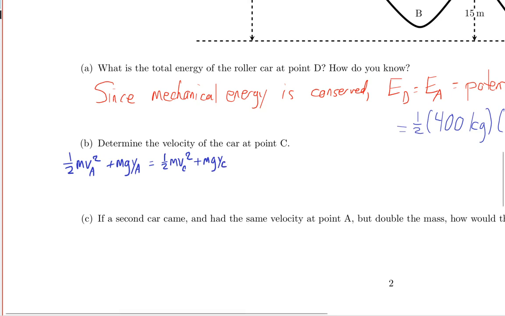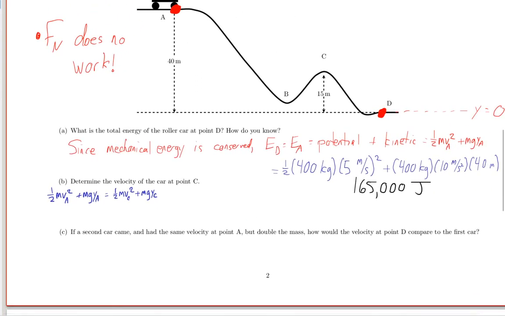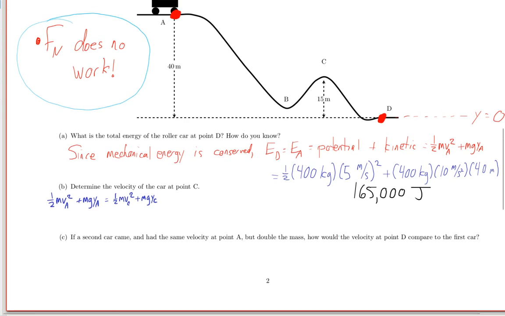So kinetic plus potential equals kinetic plus potential. There's no external force doing work because of this idea, so I don't need another work term. So all that's left now to do is to solve for v sub C.